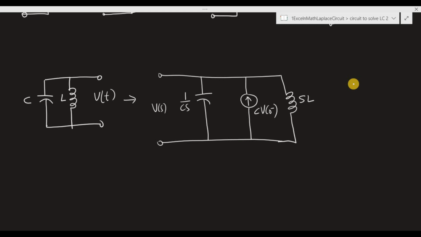Now this current source splits into two currents. The first one is IL of S, which is the current flowing through the inductor, and the other one is IC of S, which is the current flowing into the capacitor.